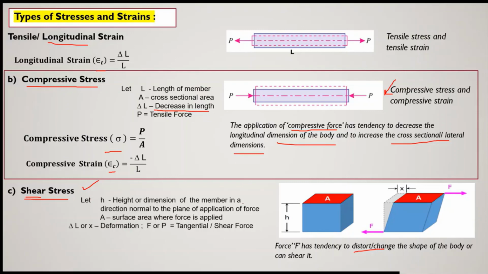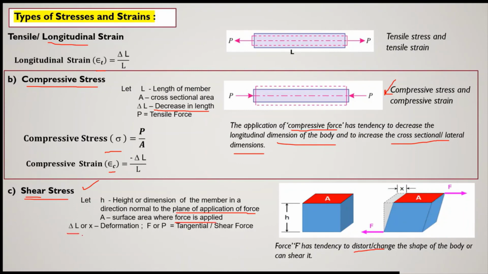Now here the terminology which we use: h is the height. Keep in mind, h is the height or dimension of the member in a direction normal to the plane of application of force. Now here in this figure, the plane of application of force is horizontal and we are taking the vertical dimension. A is the surface area where force is applied.